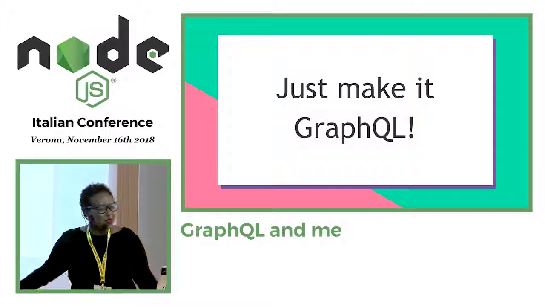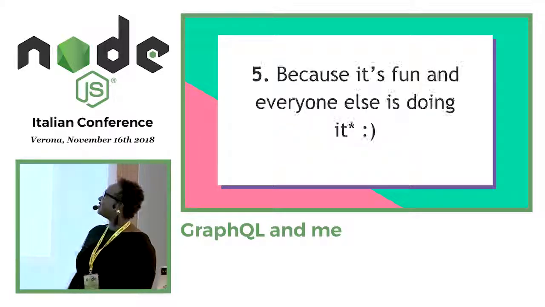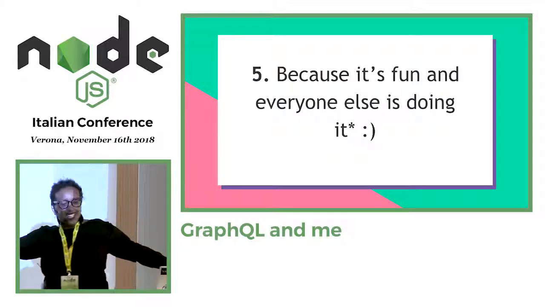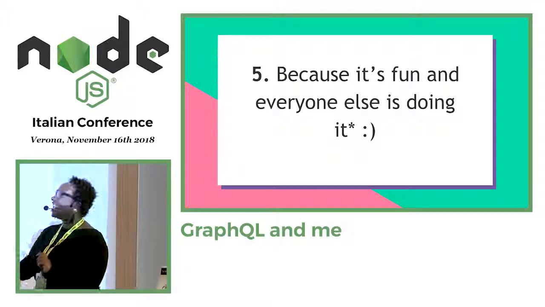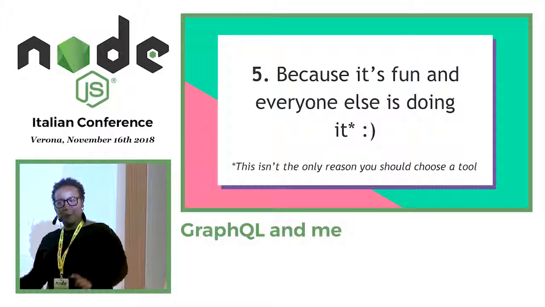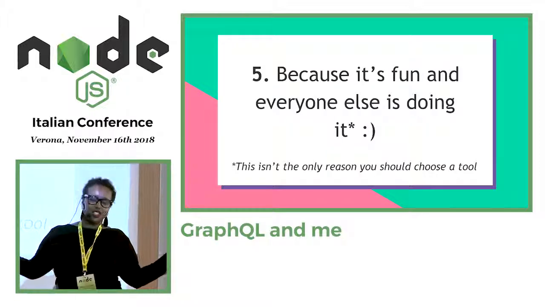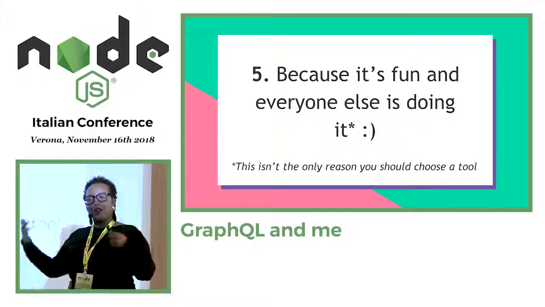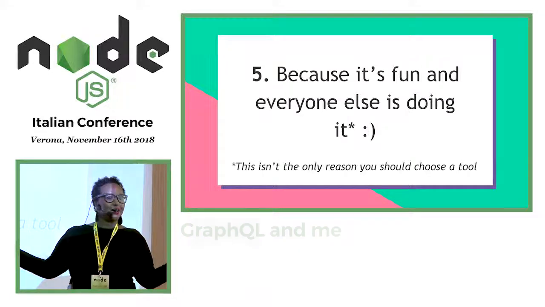So why not just make it GraphQL? And another great reason is that it's fun, and everyone else is doing it. This alone is not a good reason, but combined with the other amazing reasons I presented, hopefully it'll make a compelling reason why you might start your GraphQL journey.